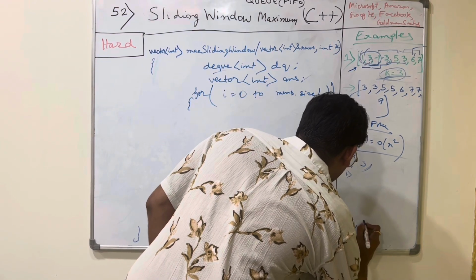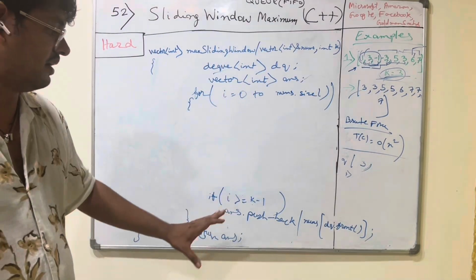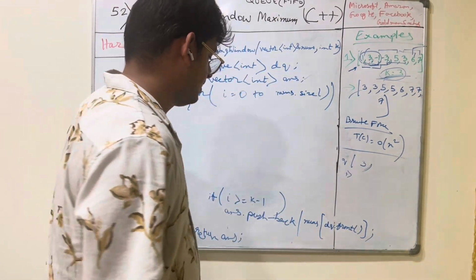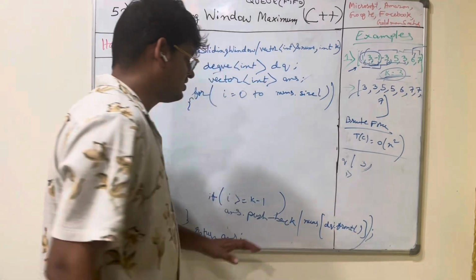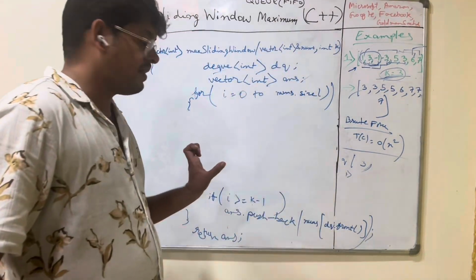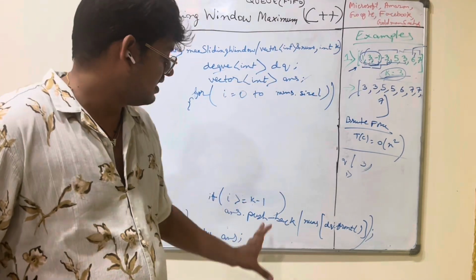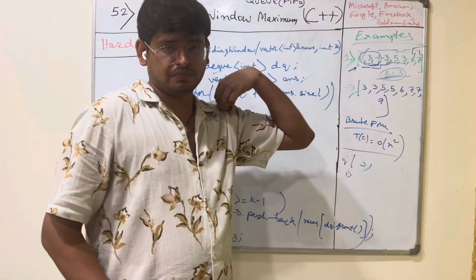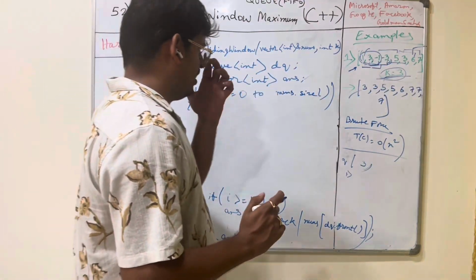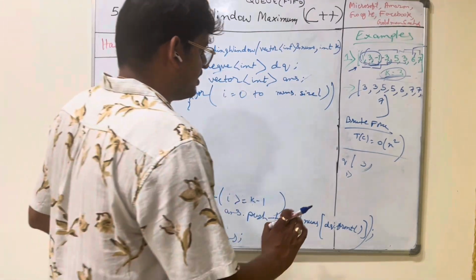You might not understand in the beginning how this gives our answer, but you will understand. dq dot front should have the max element every time, which should go inside the answer after crossing the size of the window. This is one observation we understood.